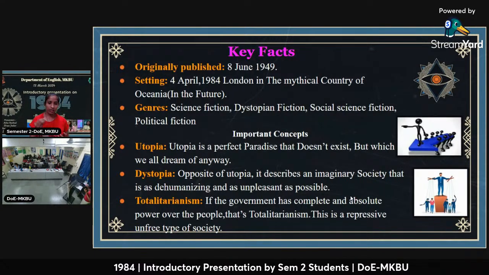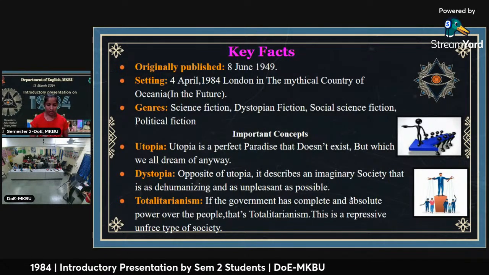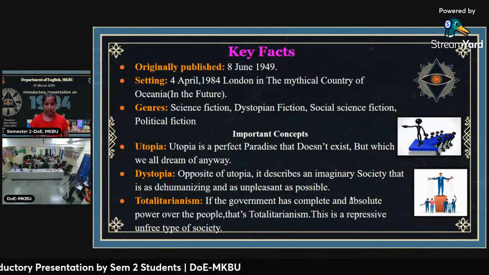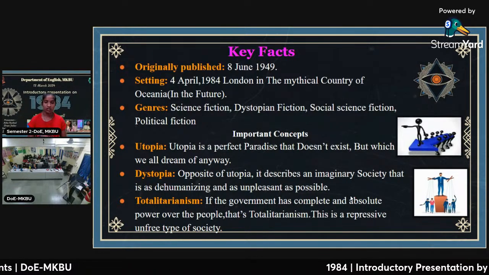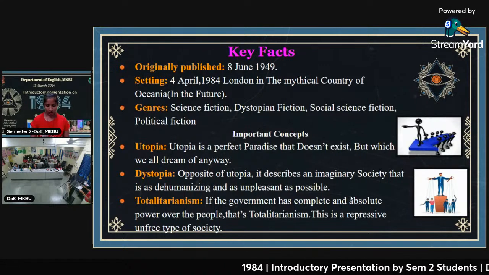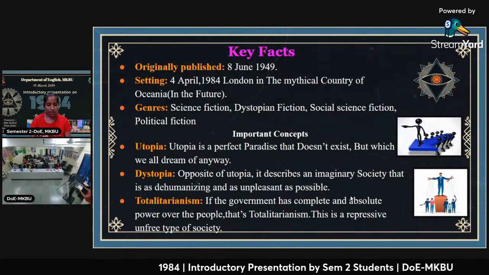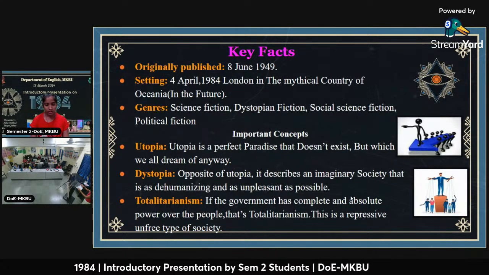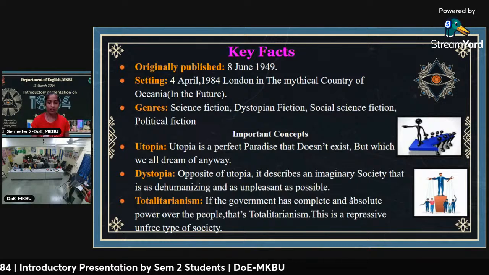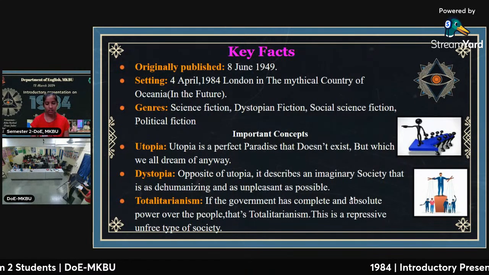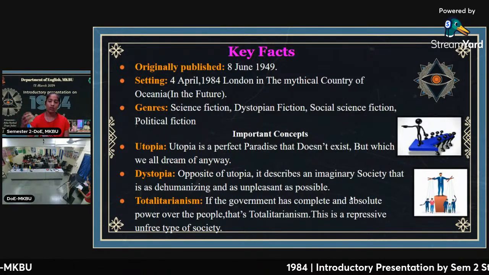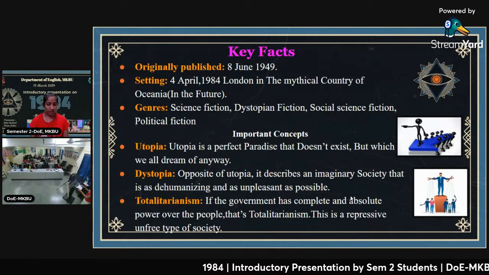Dystopia is actually a Greek term, and it defines an imaginary place or state in which the condition of life is extremely bad. Utopia and dystopia refer to a world which is devoid of freedom, full of deprivation and authoritarianism, where there is control over men and women.